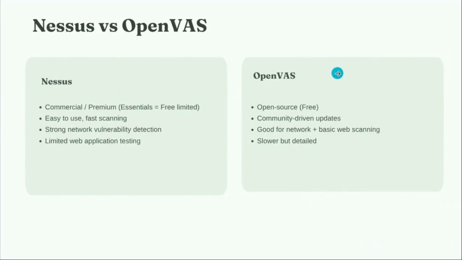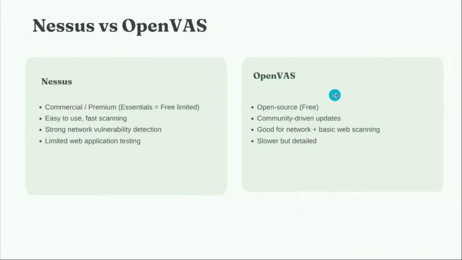When it comes to OpenVAS, it is fully open source and has community-driven updates. It is good for network plus basic web scanning. In Nessus, it covers web application testing, but it focuses mainly on network vulnerabilities.